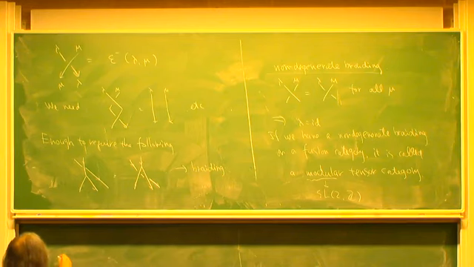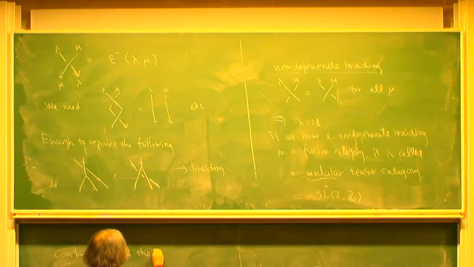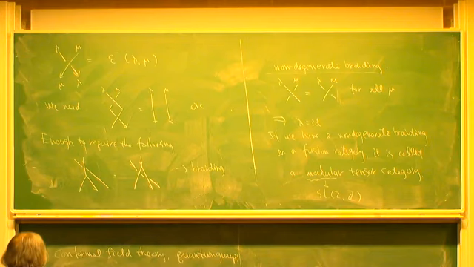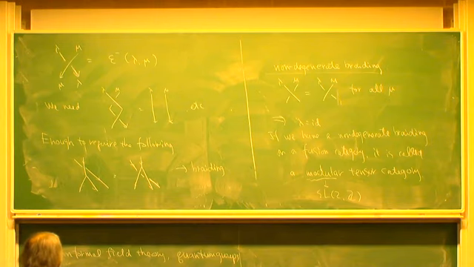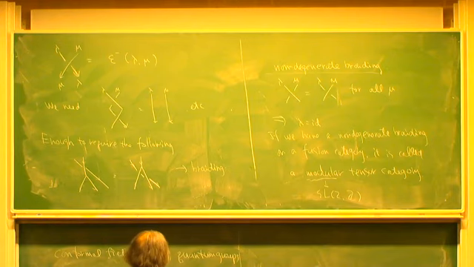So some conformal field theories, and also quantum groups, they produce modular tensor categories. So in this sense, we have a rich source of modular tensor categories from other mathematical objects.